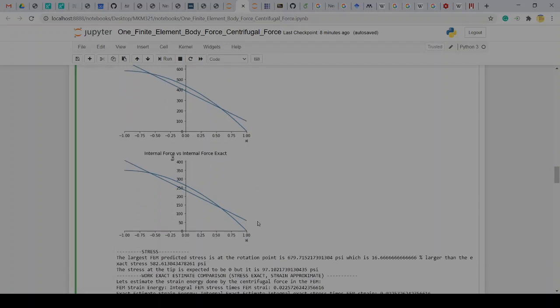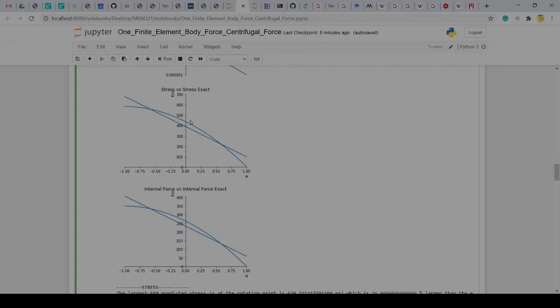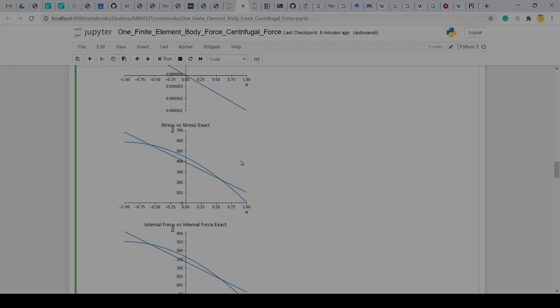And then when we look at the internal force, the internal force is just the stress times the area, and the area is a constant in this case. We see very similar behavior, just different units, to what we see with this stress field. Okay, so that's the solution that we get out. So what we have to ask ourselves is, how does the strain energy in the structure relate?